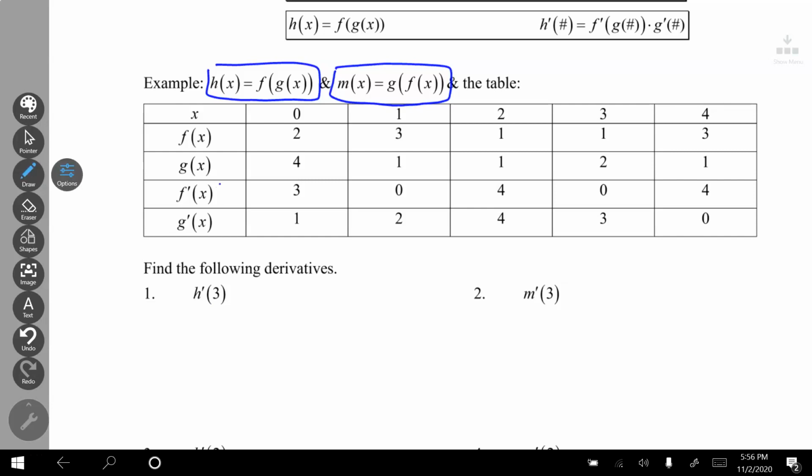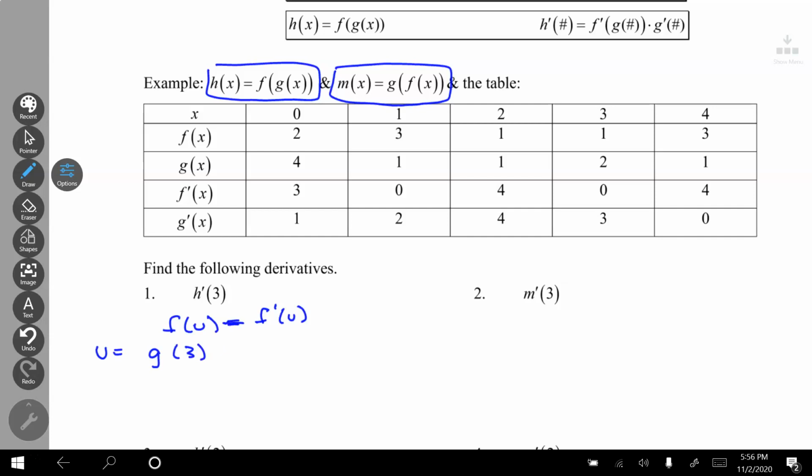Here we go. H prime, well H, so it's really going to be f of something, and that means I have to do f prime of that something. And then the u stood for g of 3.